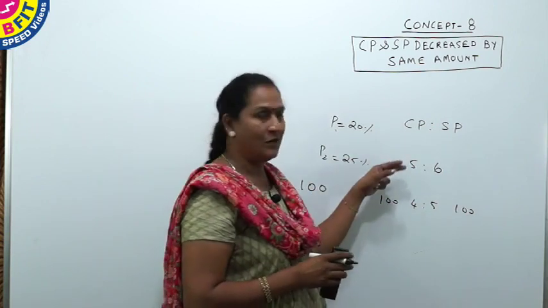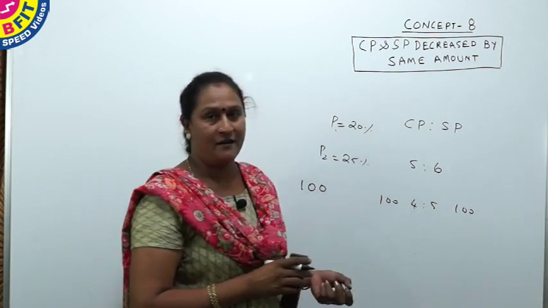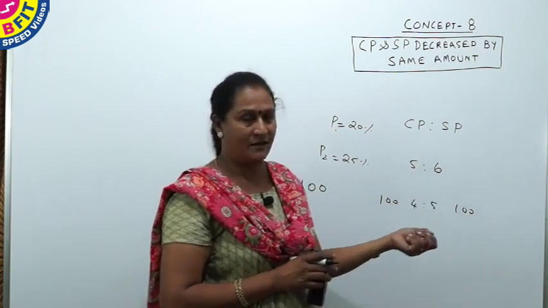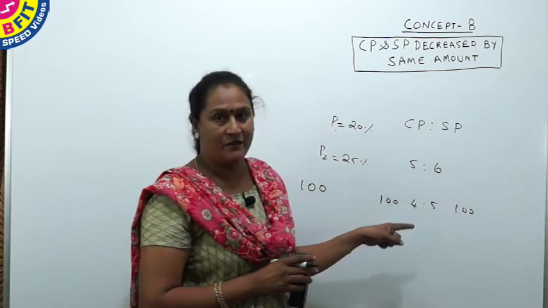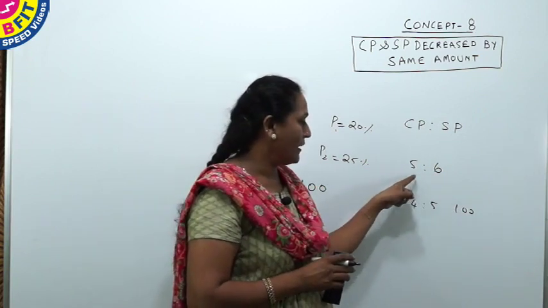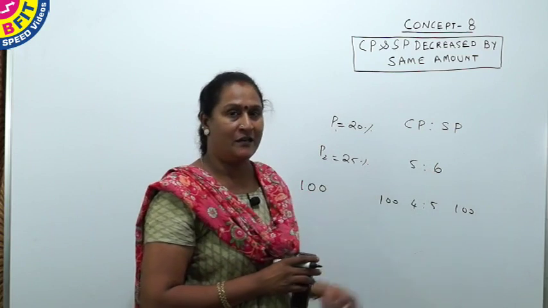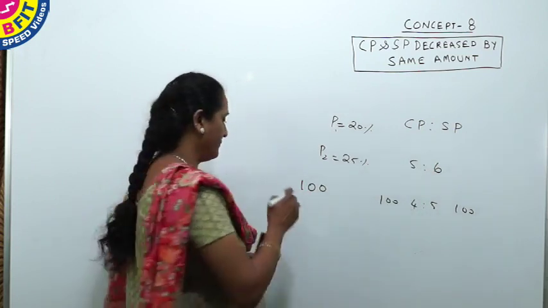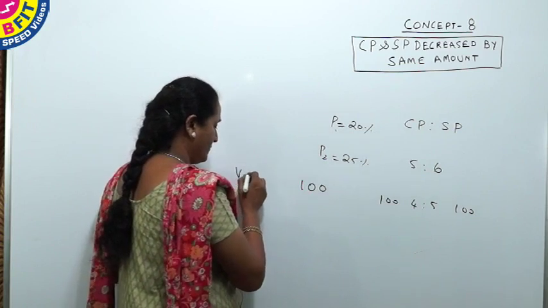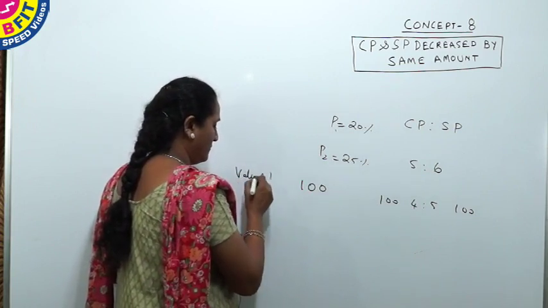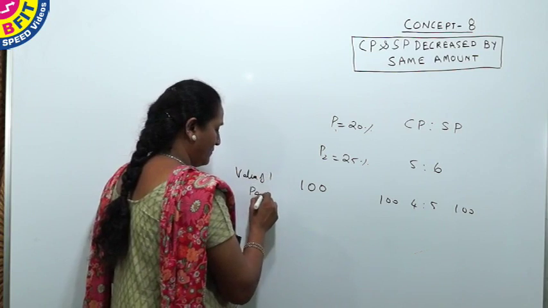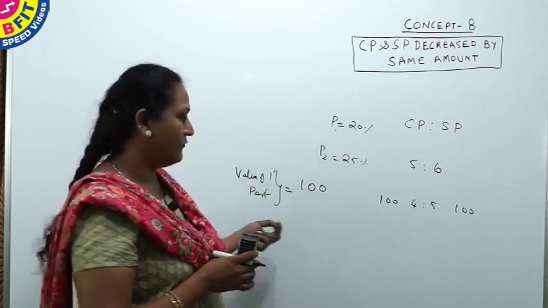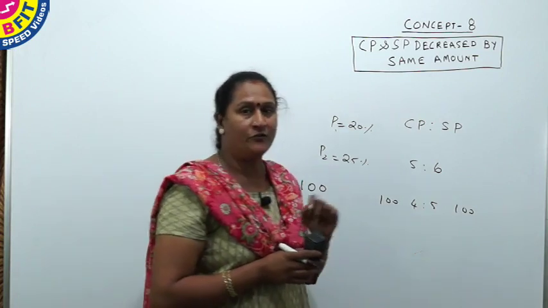By what value is the cost price decreased? 100. And by what value is the selling price decreased? It is also the same 100. The second ratio we got by decreasing 1 in each part of the earlier ratio. So the value of one part will be 100 itself. Now we have the value of one part as 100 and we need to find the cost price.